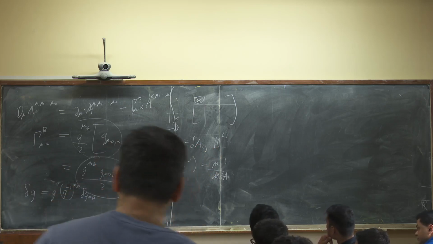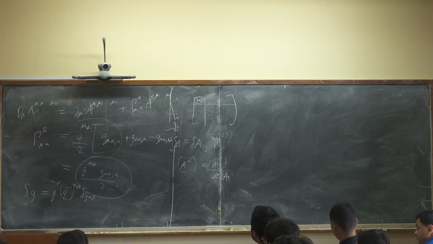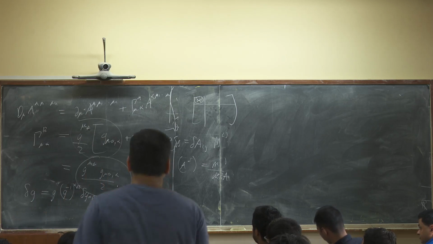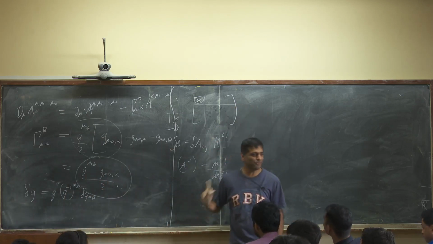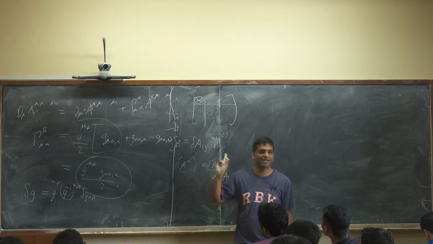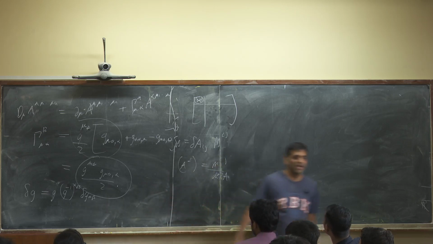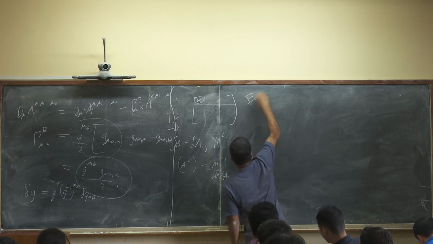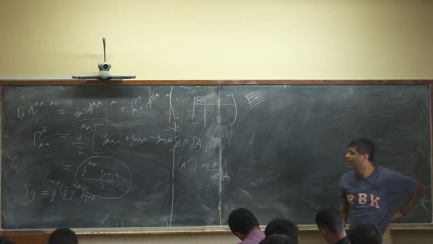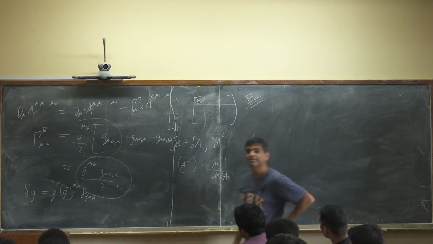This, by the way, is a very useful formula. You can prove it in many different ways. Let me give you an exercise. This you should know. It's a lacuna of your mathematical physics courses if you haven't been taught this. Prove this formula by diagonalizing the matrix.